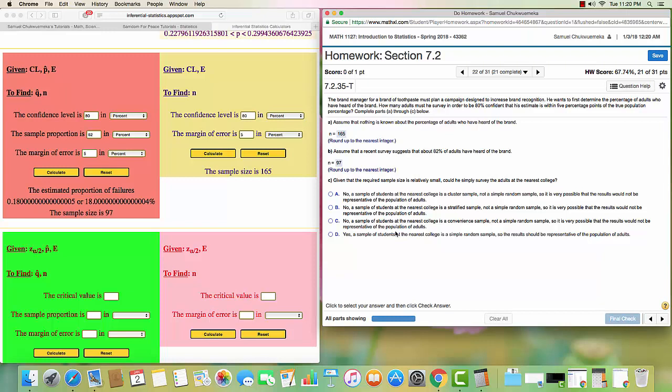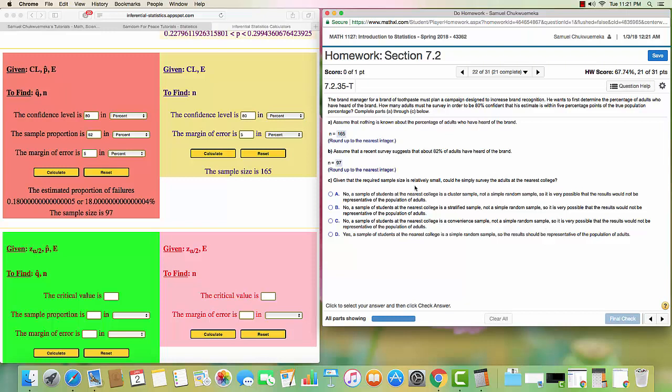B, no, a sample of students at the nearest college is a stratified sample, not a simple random sample. This is not a cluster sample. It is not a stratified sample. It is a convenience sample, and it's not a simple random sample.